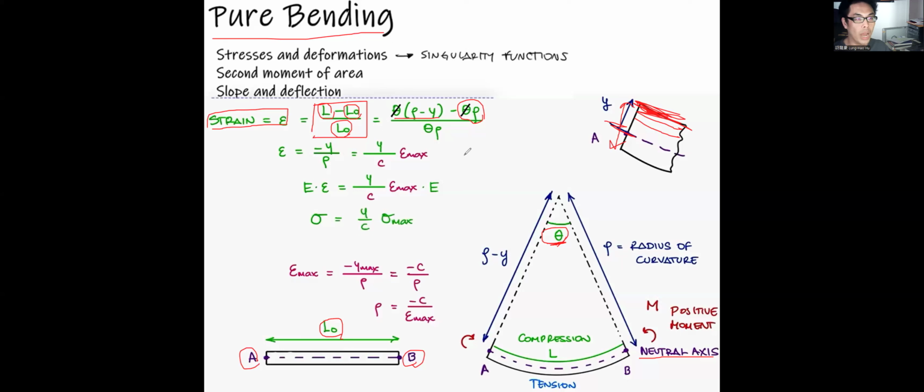Suppose Y is right here at the top surface.